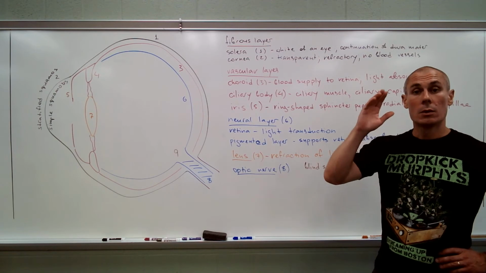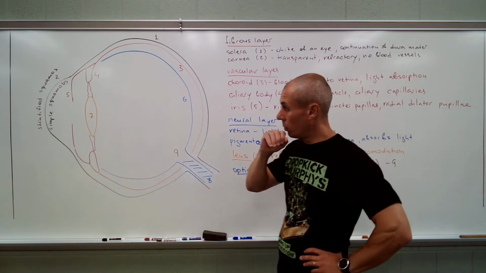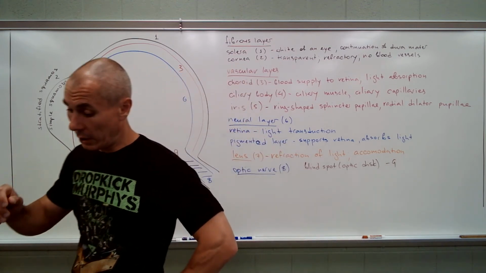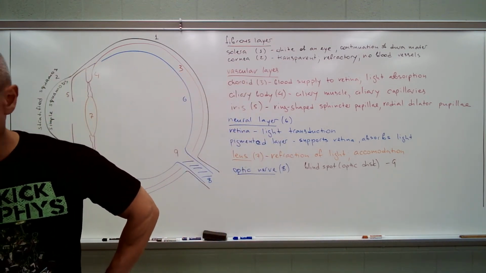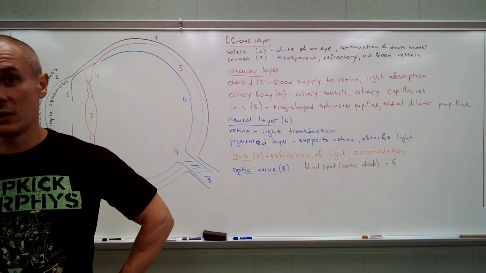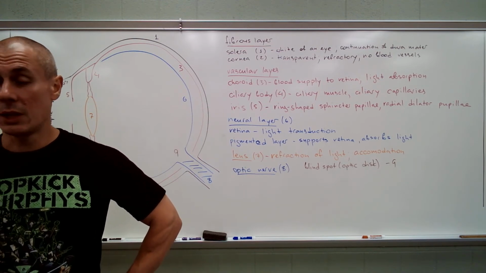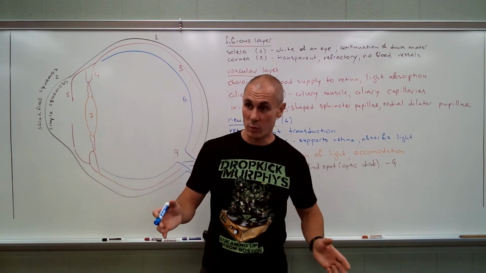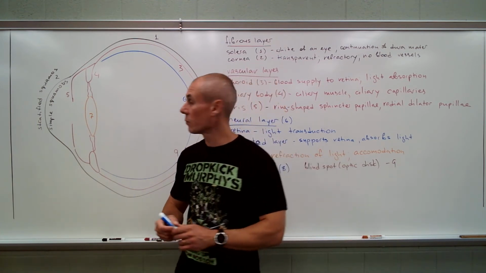So we're going to do a really awful part of this conversation. We're going to talk about different compartments in the eye. This is just terminologically confusing. This is something that you just have to memorize. Okay?